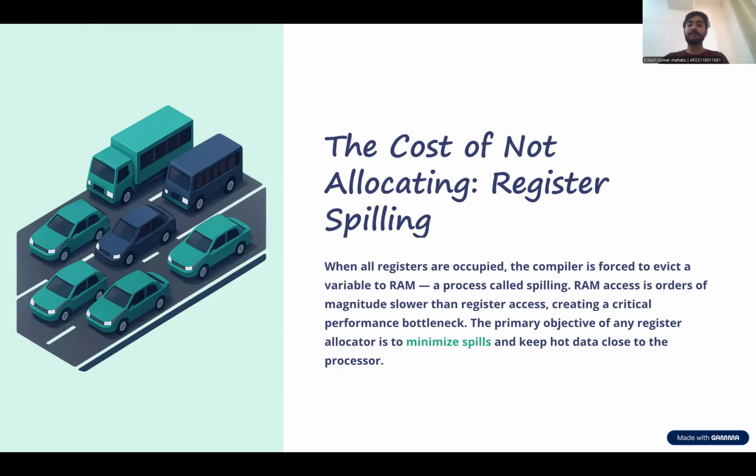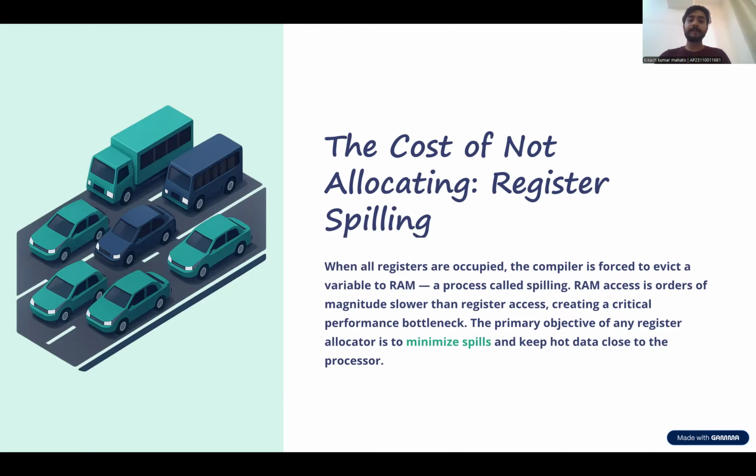Register spilling. When all registers are already occupied, the compiler may need to move a variable out of a register and store it in RAM. This process is called register spilling. Later, when the program needs that variable again, it must load it back from memory.